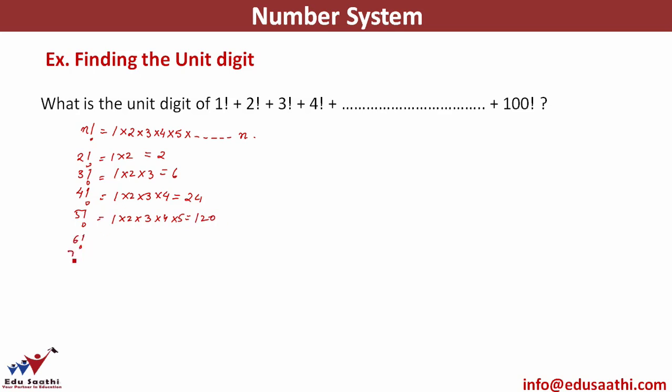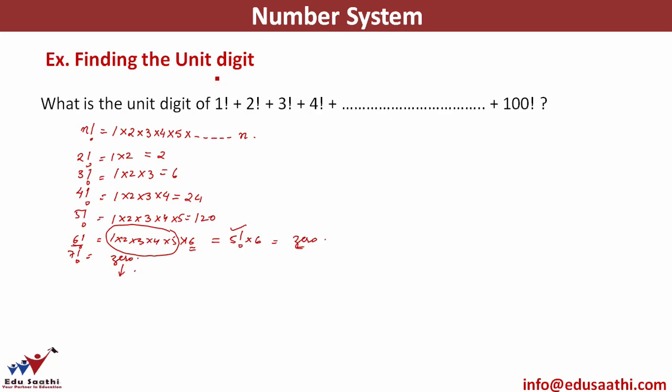So if I look at 6 factorial, 7 factorial, all of them, this will basically be 1 into 2 into 3 into 4 into 5 into 6. So I can replace this with 5 factorial into 6. 5 factorial ends up with 0, so 6 factorial will also end up with a 0. 7 factorial will also end up with 0 and so on.